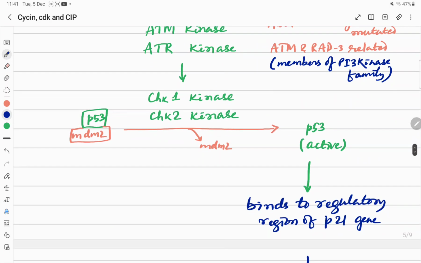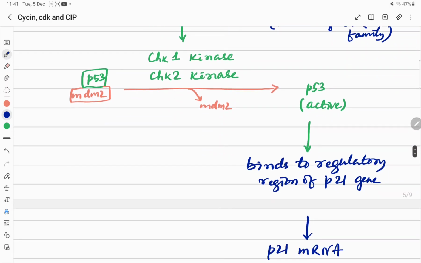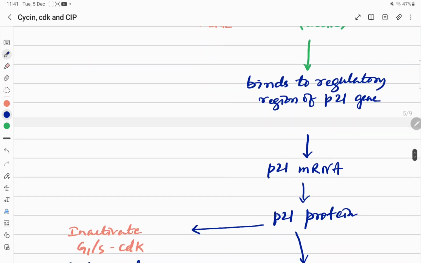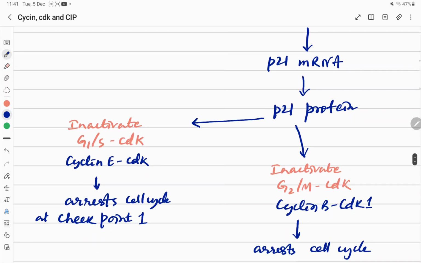So this P53, how it acts, it binds to the regulatory region of P21 gene, which is a CDK inhibitory protein, and there will be transcription of P21 gene to P21 mRNA. Then there will be translation to P21 protein, and P21 protein can inactivate G1S CDK as well as G2M CDK.